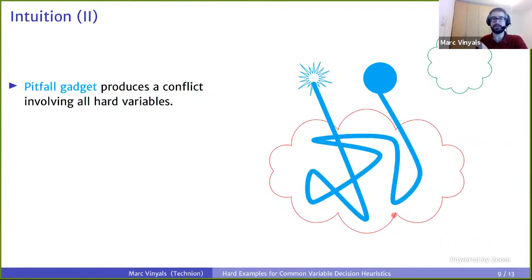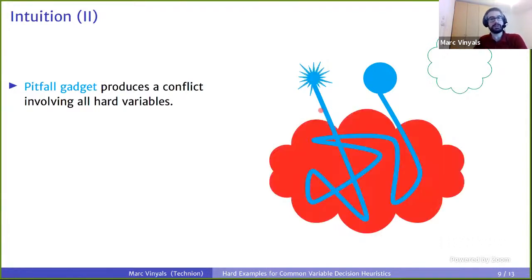And after it's done that, and it's talked about all these variables, then it will reach a conflict. So now that's awesome because all of the variables in the hard part of the formula have now positive score. So score 1 at least.